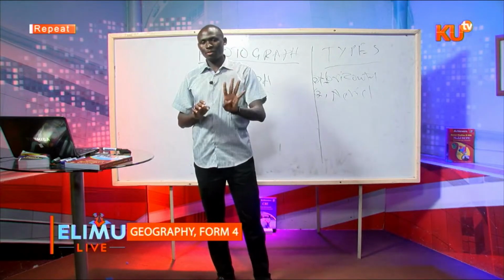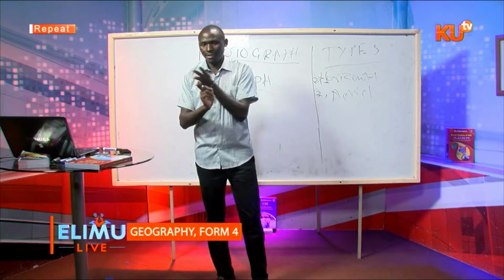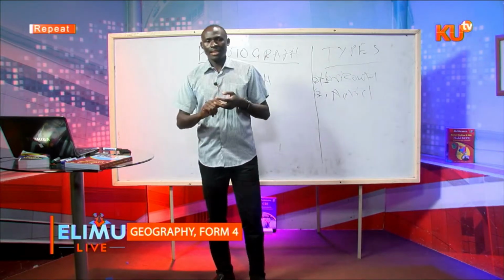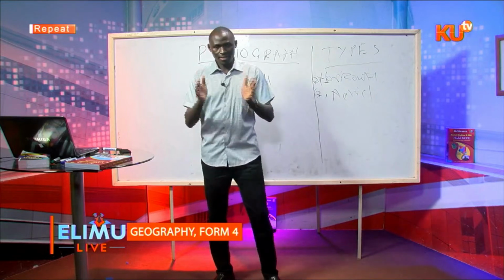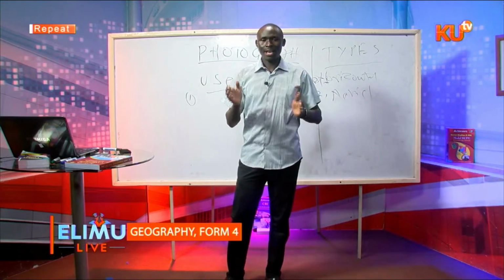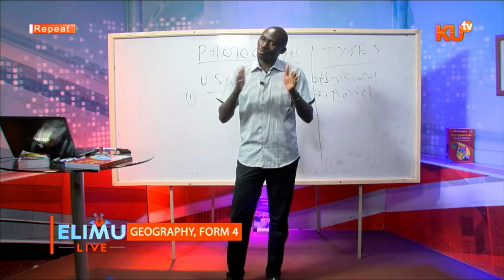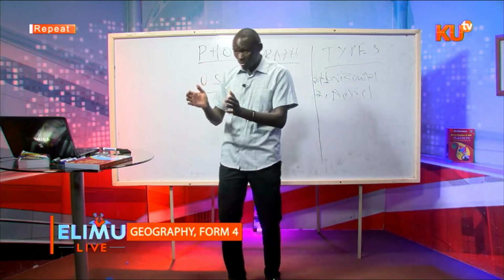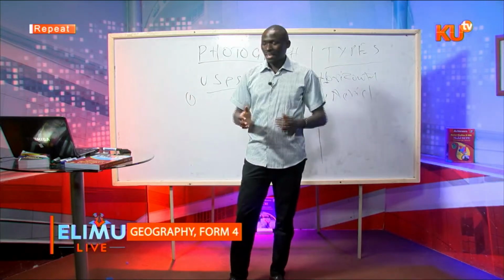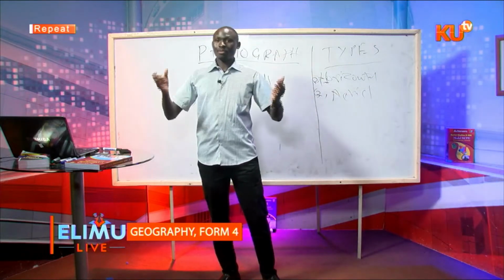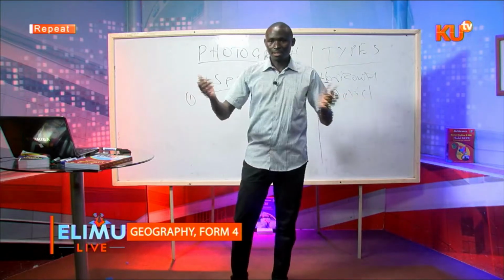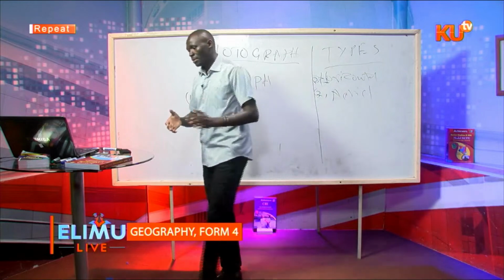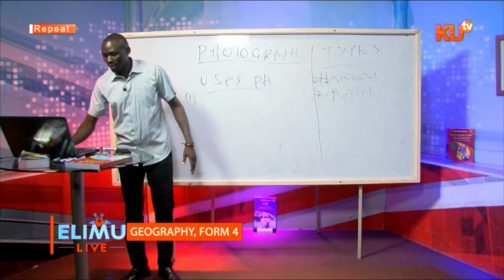So it can only be taken in those three conditions: in the evening, in the morning, and at noon. These are the best times when the photos are taken. You are able to estimate that at this time, this photograph was taken. Leave alone the ones that you normally take at night because we improvise with the lights. But in the evening, at noon, and in the morning, we can easily interpret what has happened.